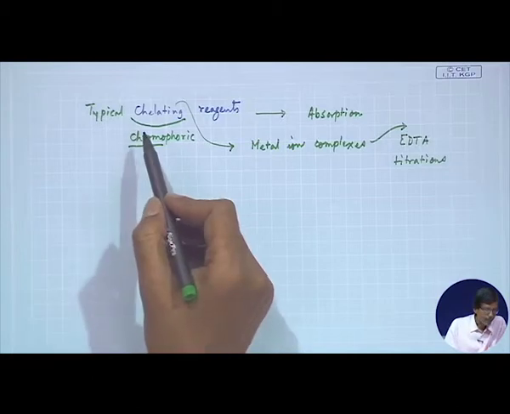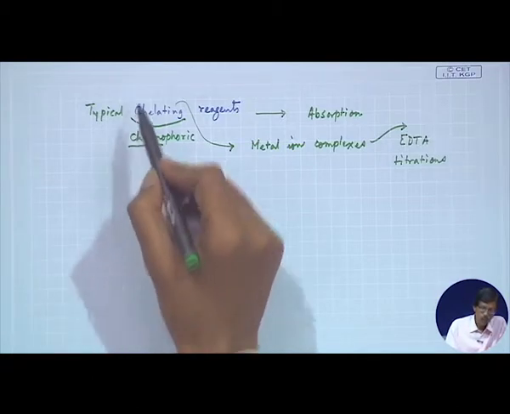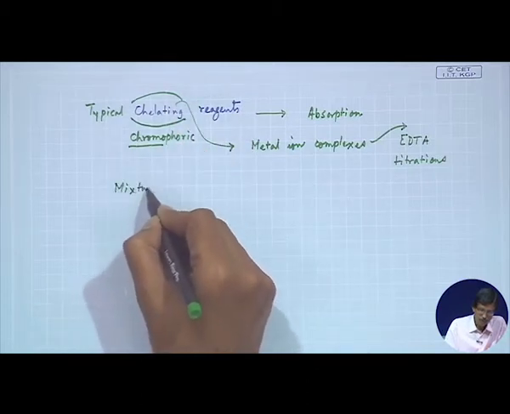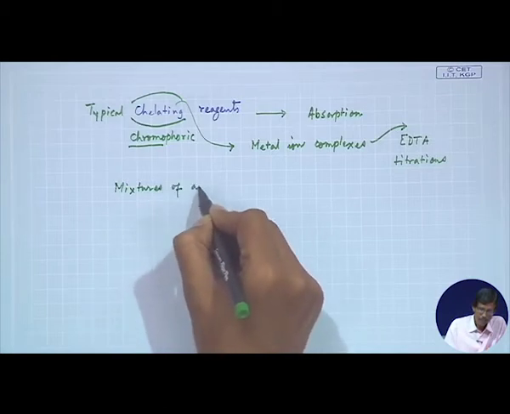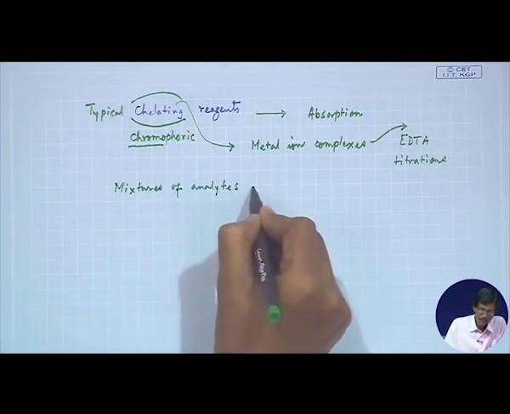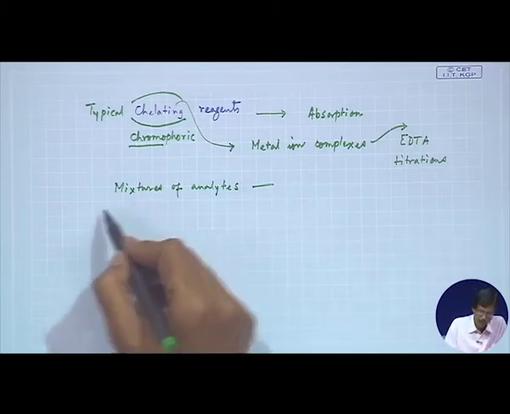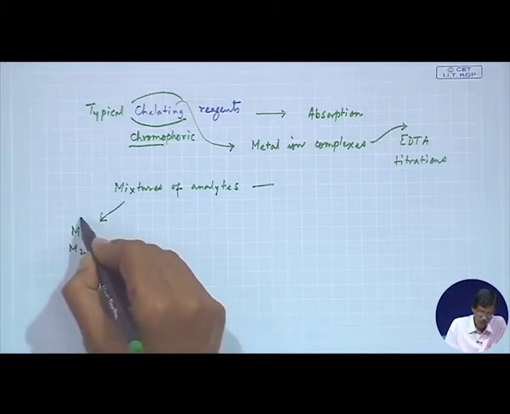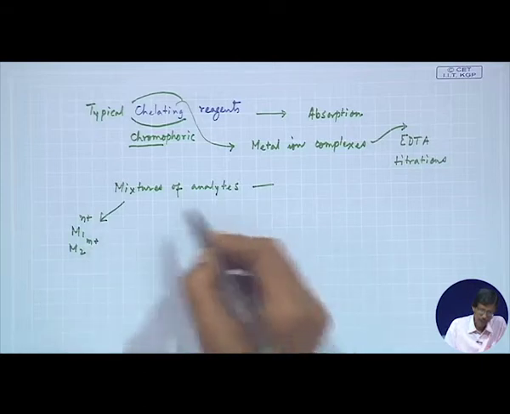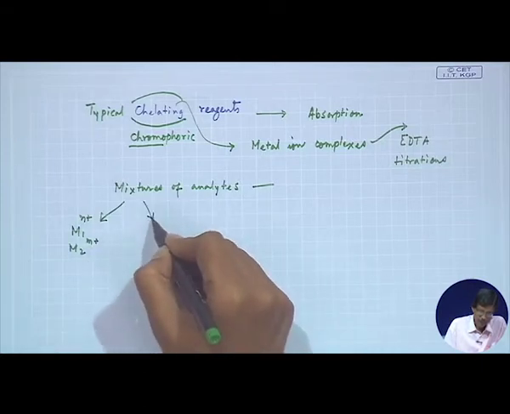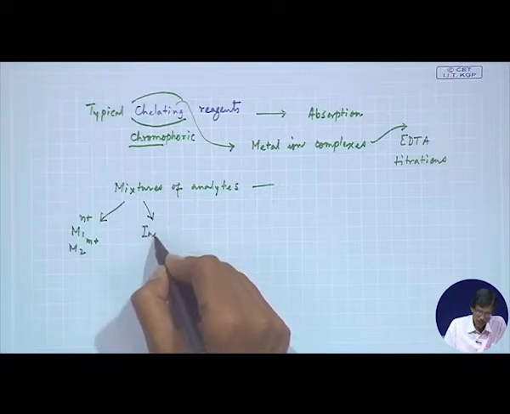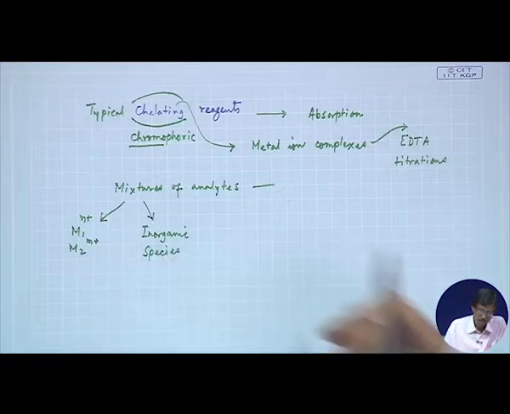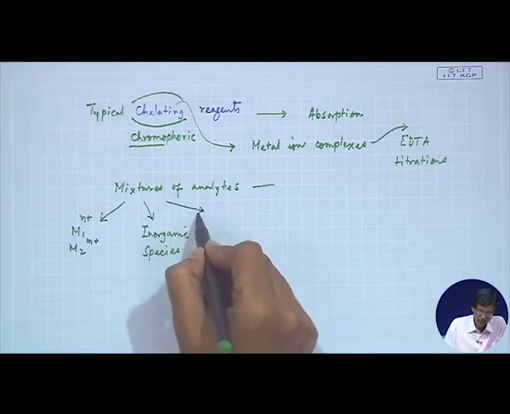So, now we will take advantage of this particular use of chelating reagents for mixtures of analytes. How can we use a mixture of analytes? It can be a mixture of metal ions, say M1 or M2, N plus or M plus. It can be mixtures of some inorganic species, or it can be any other thing.